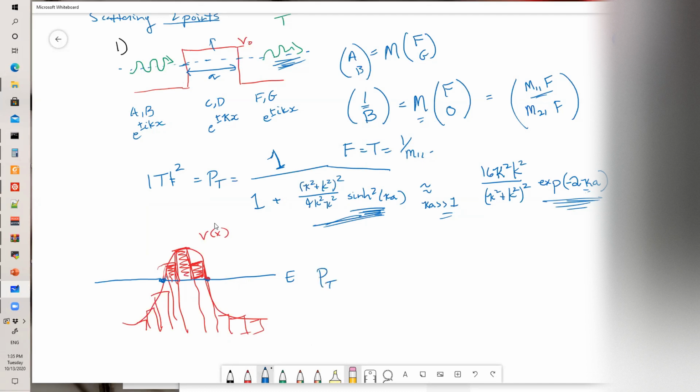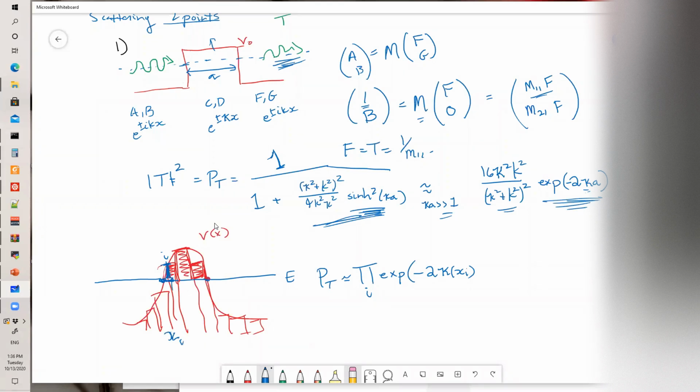And the idea is that the probability of transmission will be given approximately, if we ignore all this stuff out front, by the product over these different boxed barriers of the exponential of -2 kappa evaluated at x sub i at each of these little rectangular barriers, whatever that associated kappa is.